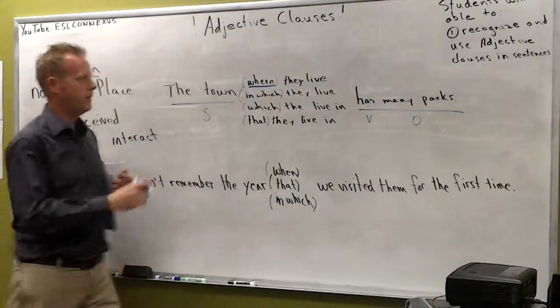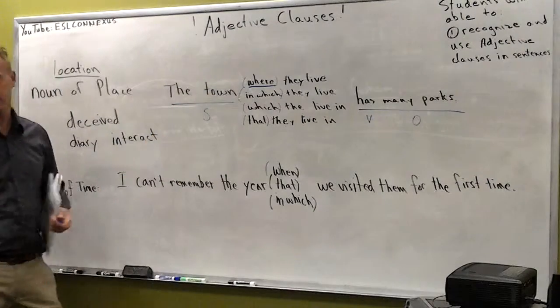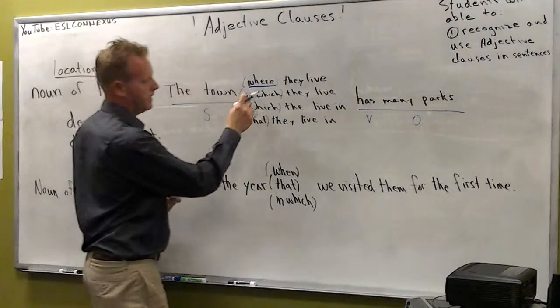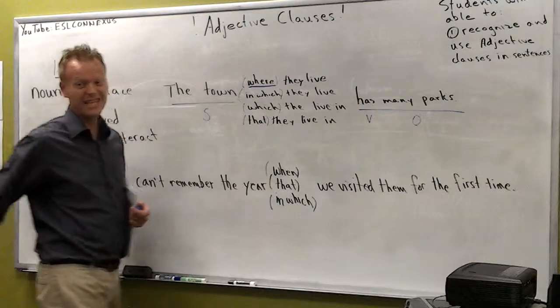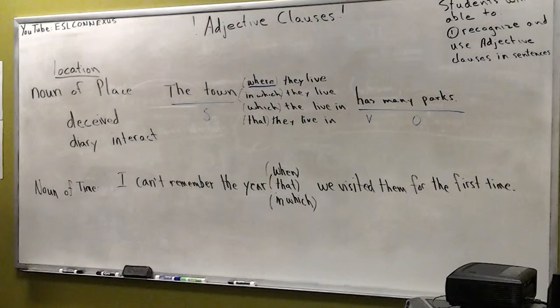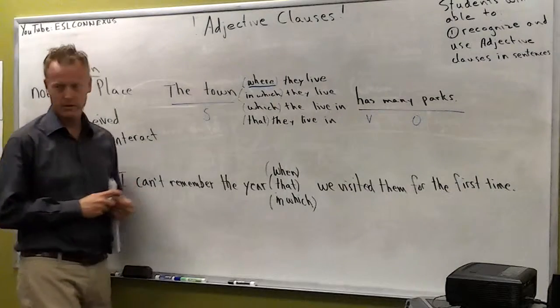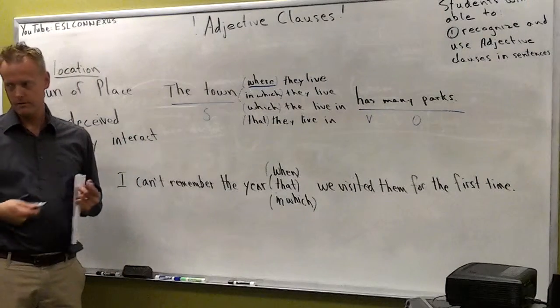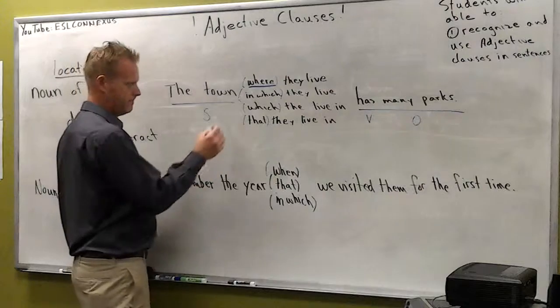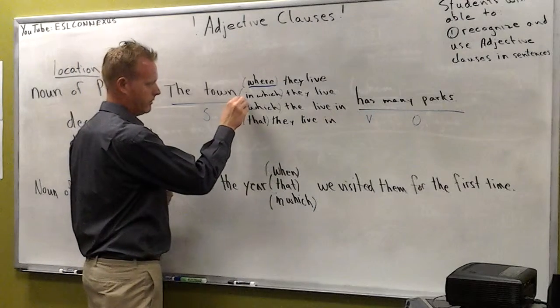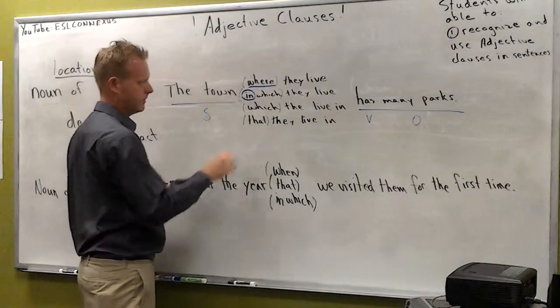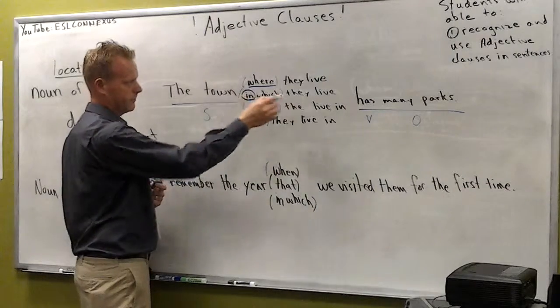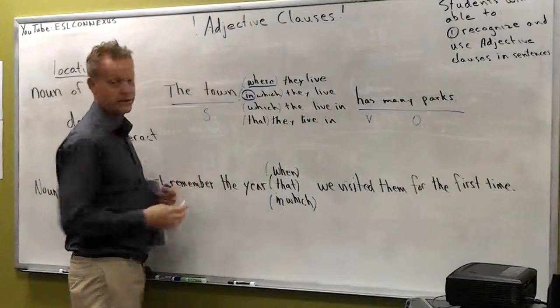When you use where to describe a location about a place, it never gets the preposition. It's the only one, by the way, that doesn't get a preposition. What do you notice about the second one? They use the preposition for... Yeah, they put it in where? Front or back? Front.